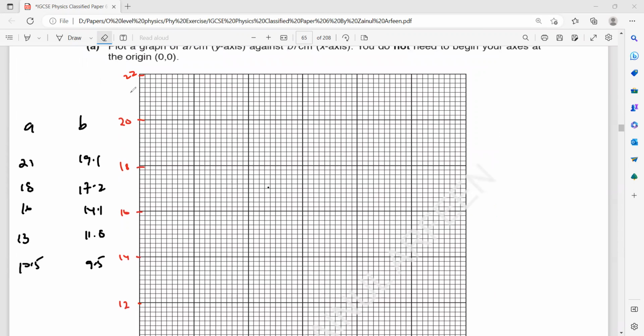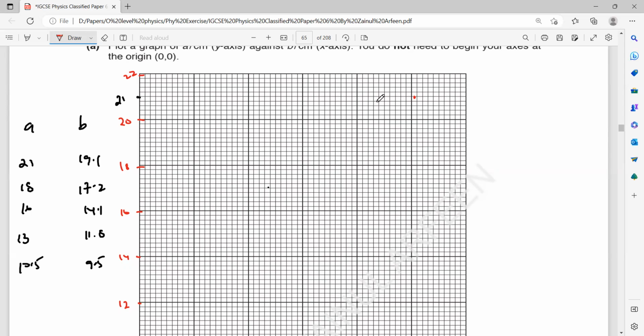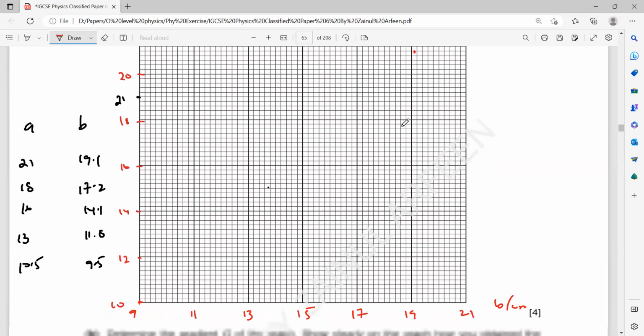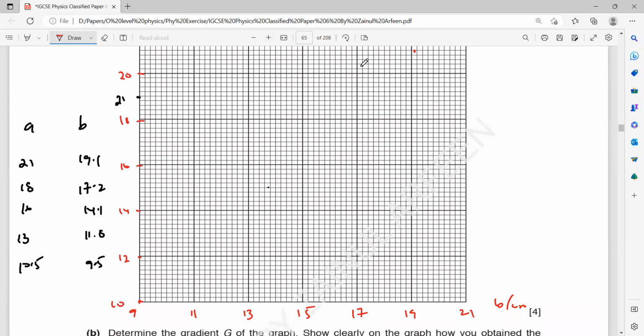So this value is 21 and this is 19.2. Between them, 19.1 and 21. Then 17.2 and 18. This was 18 and each box is 0.2, so 17.2.